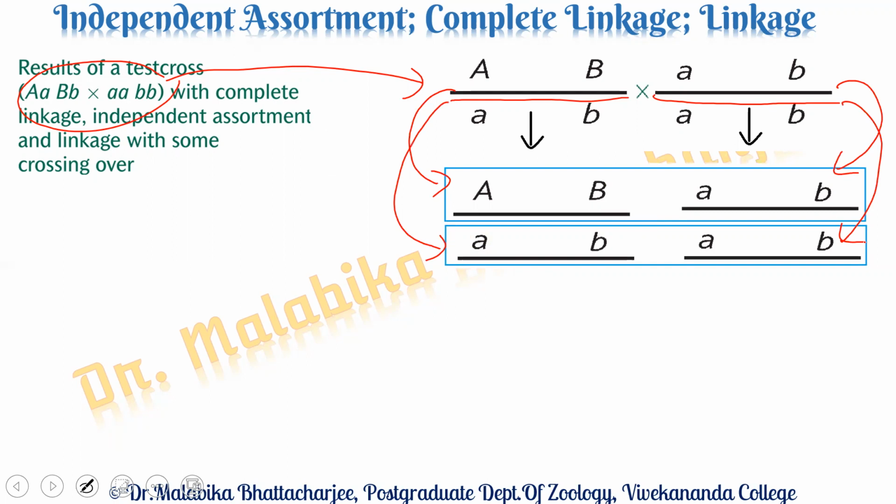All the chromosomes that you see in the gametes here are nothing but a replica of what we are seeing in the parents. So these categories are known as non-crossovers. No crossing over has happened between the two genes in question. As the parents are, we are seeing the gametes produced.